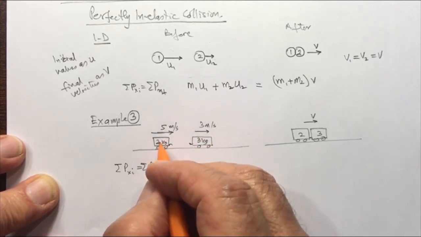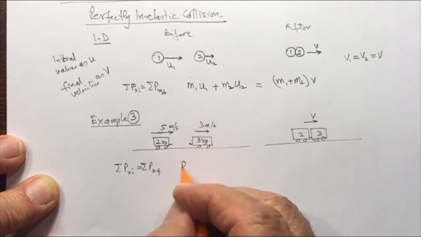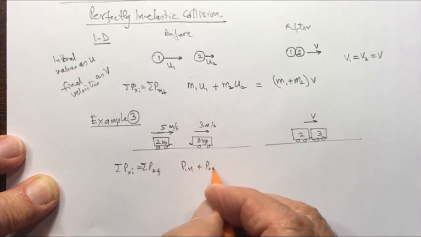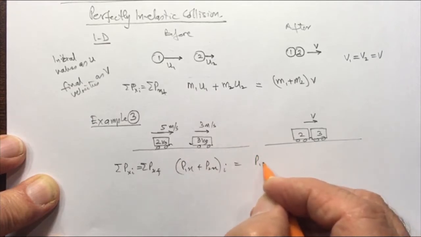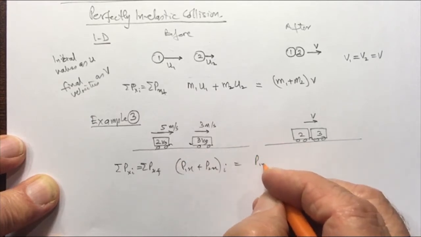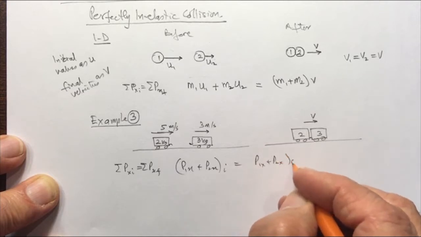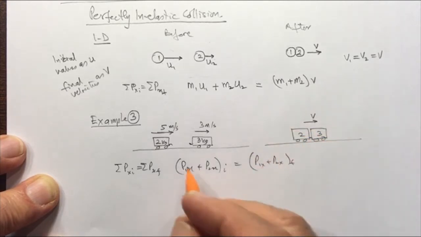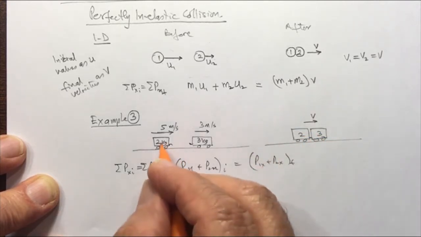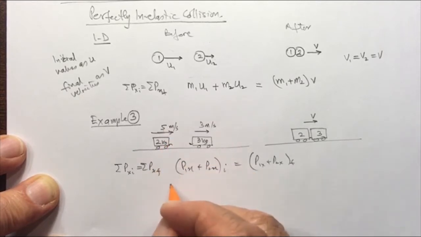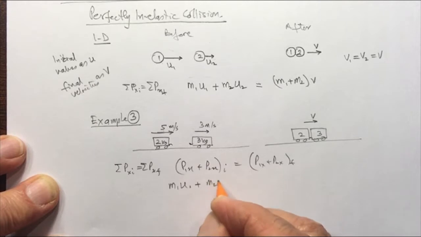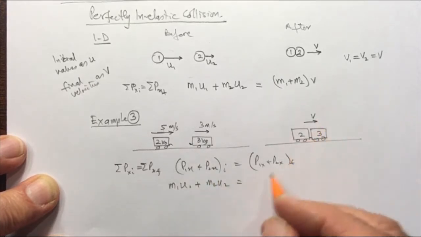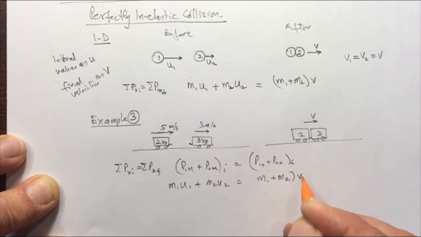It's going to be p1x plus p2x initial equals p1x plus p2x final, which is this condition. So this is going to be m1 u1 plus m2 u2, and this is going to be, because they're together, (m1 plus m2) v.